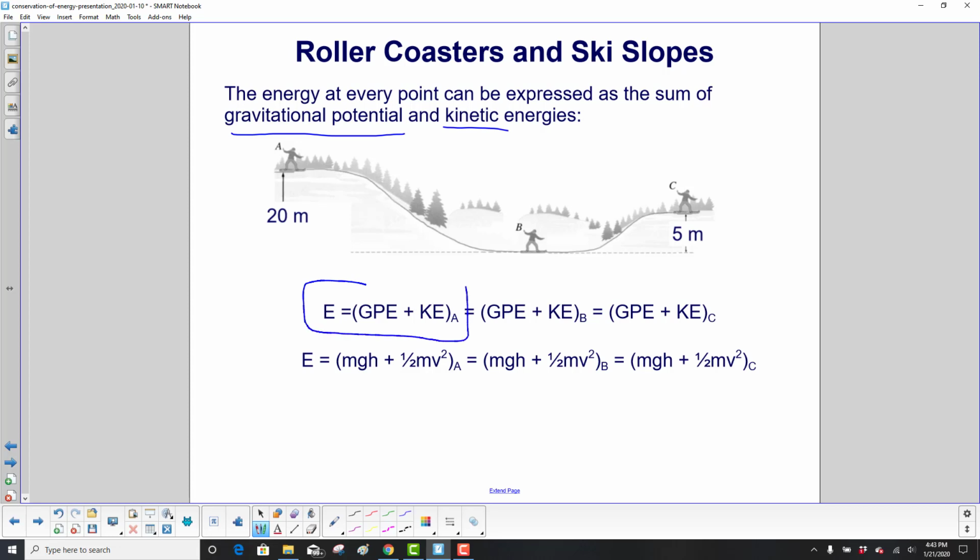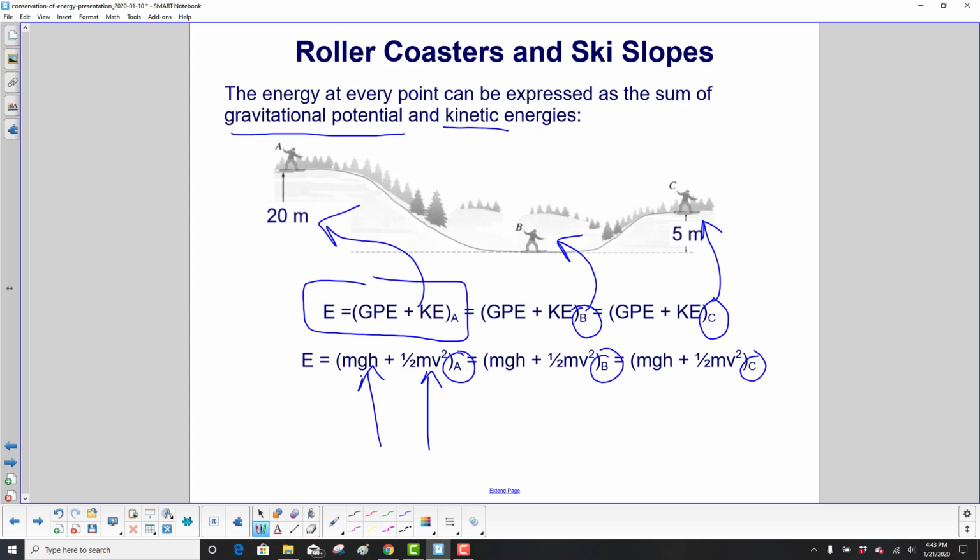Our total mechanical energy equals the GPE plus KE at point A, at point B, and at point C. We then substitute in our values for GPE, which is mgh, and then 1/2 mv squared for KE for each point. And the subscript here tells you where you are. Okay, so there's C, there's point B, and there is point A.